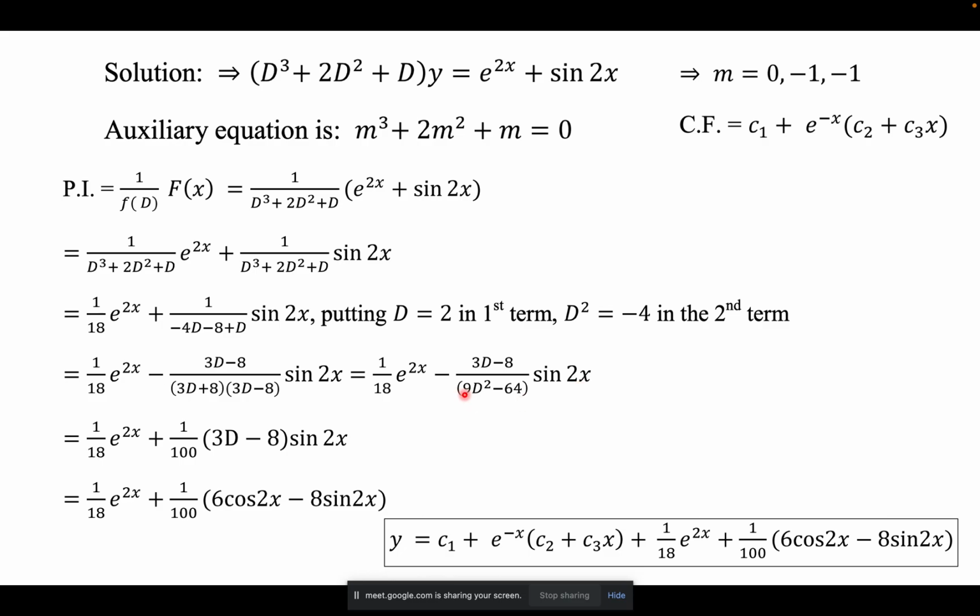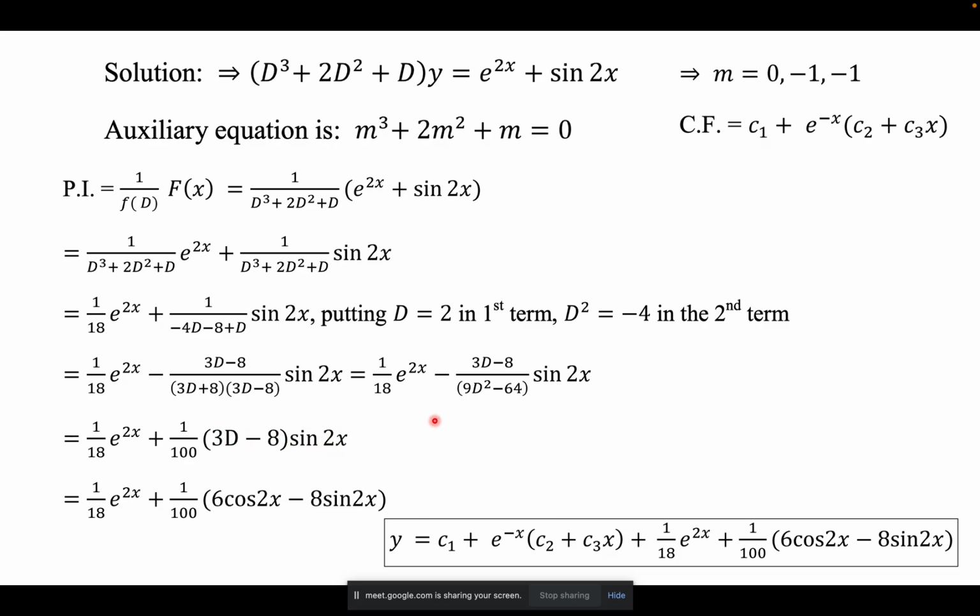So you have minus 36 minus 64, that will be minus 100, and then the minus sign will again come here. So the final solution will be e power 2x upon 18 plus 1 by 100 times 3d minus 8 times sine 2x.